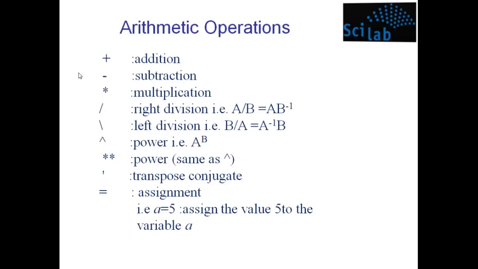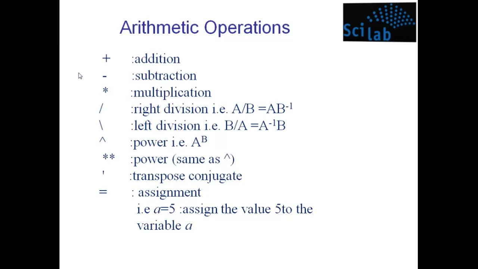So these are arithmetic operations. The plus sign is used for addition, minus for subtraction, asterisk for multiplication, slash for right division, backslash for left division, then caret symbol for power.